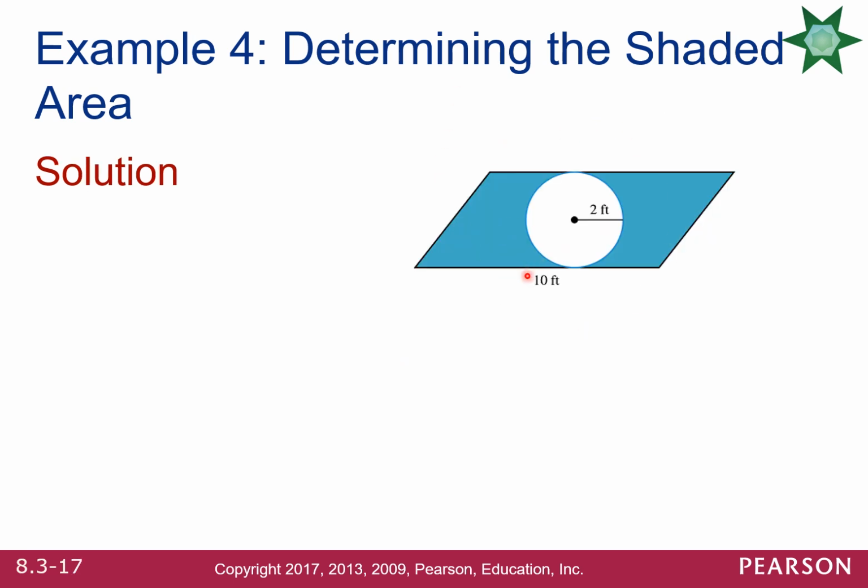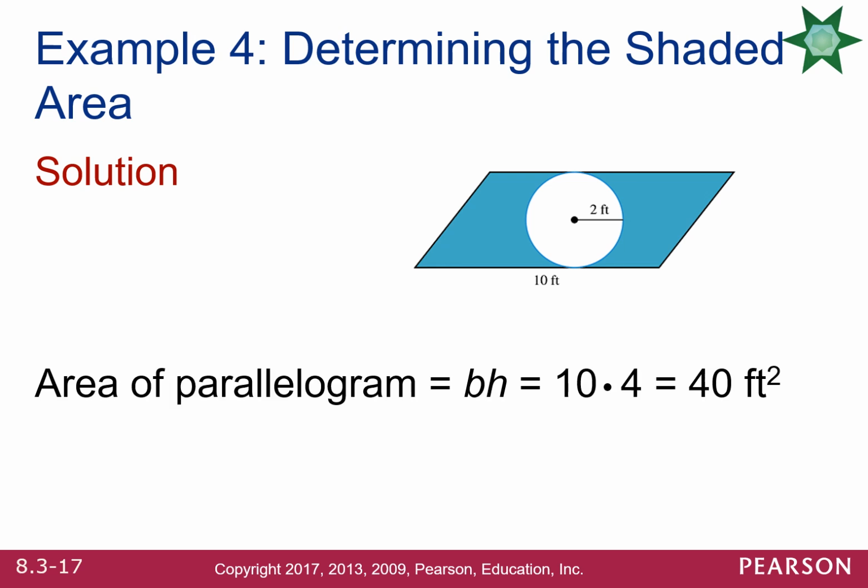At this point, we will find the area of the parallelogram and then the area of the circle. Then in the next step, we will subtract the area of the circle from that of the parallelogram. The area of the parallelogram is base times height, and the height is really the diameter of this circle, because the diameter runs perpendicular, at right angles, from the base all the way to the top of the parallelogram.